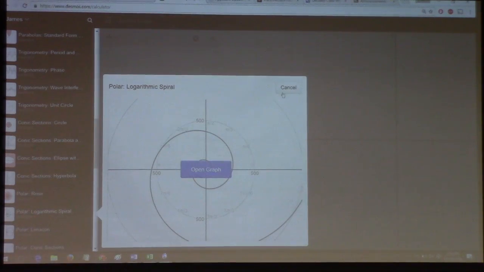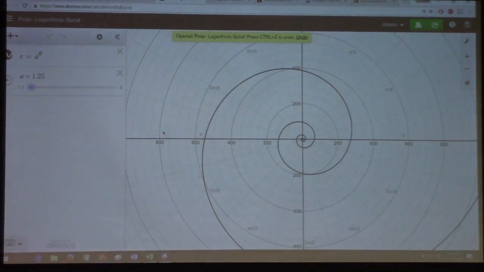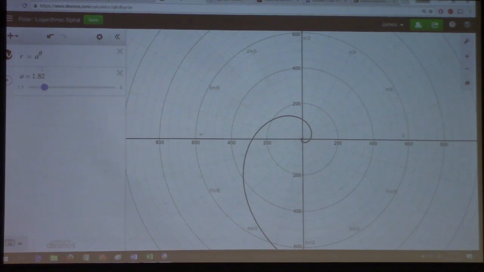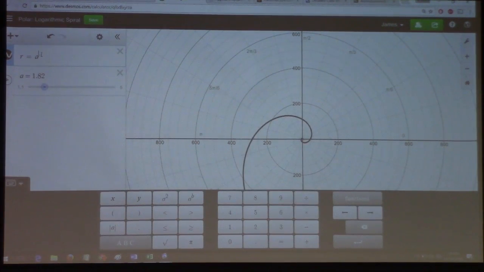I'll just take this one and play with this one here. So here's r equals a to the theta. All right, that's not what I want to do. What did I say?